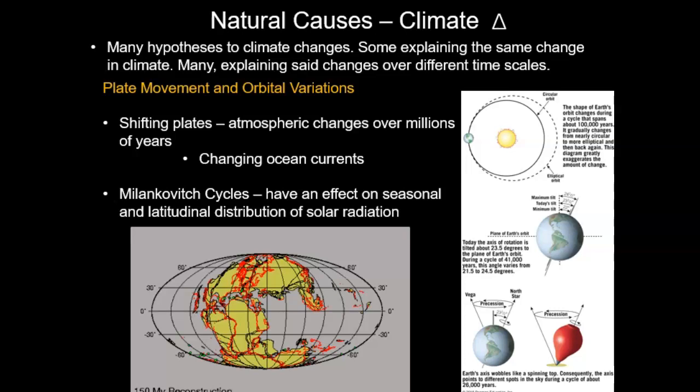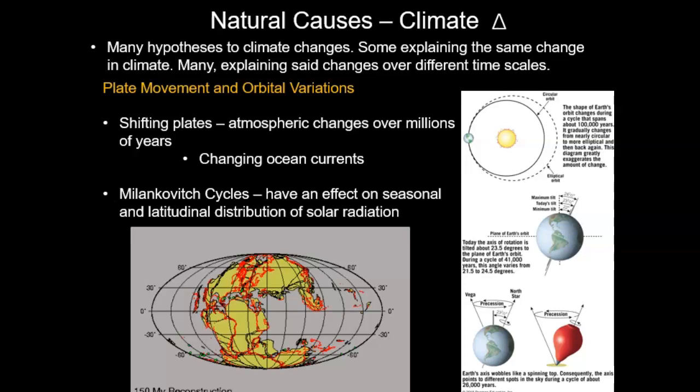And if you've ever taken any beginner's modeling course, the first thing that you learn is that there is no model that is perfect, and they will all have some mistakes. Some assumptions have to be made in order to make them, and some of these assumptions may be wrong. So now we're going to examine a few of these hypotheses that have been made for climate change, and these have, for the most part, earned serious consideration from the scientific community.